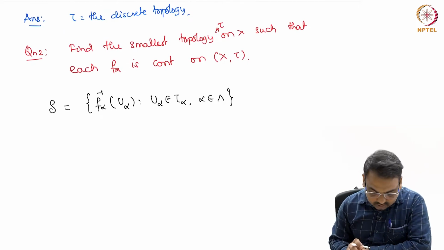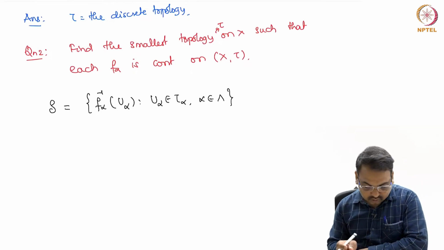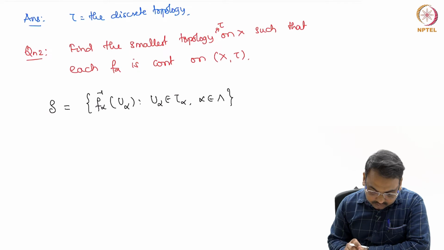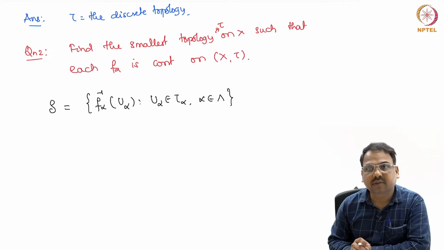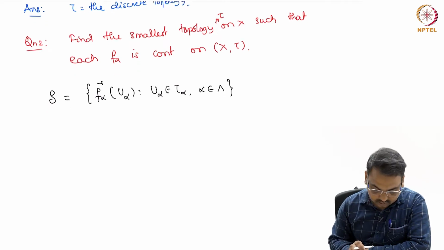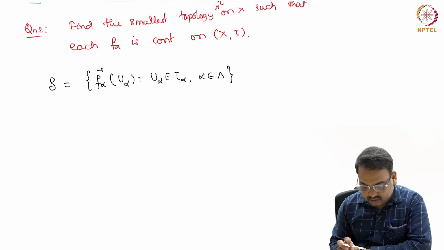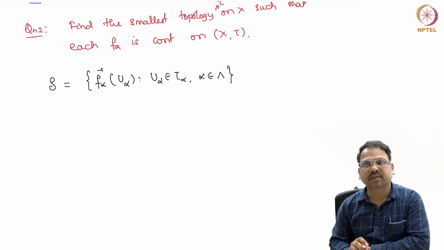If there is a topology on X such that each f alpha is continuous with respect to it, then this collection should be inside that topology. That means we need the smallest topology which contains this collection.